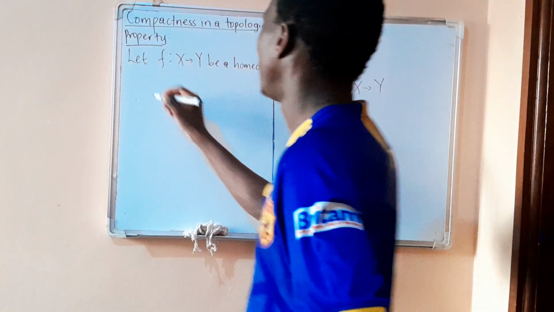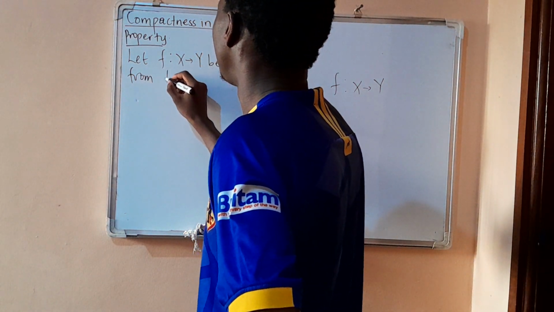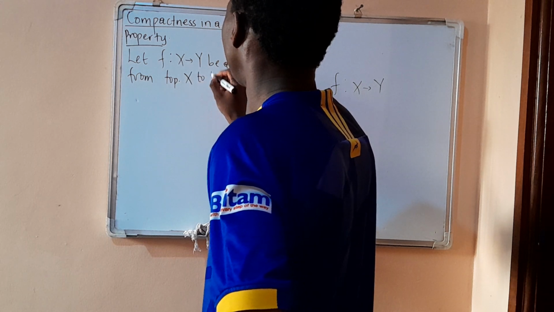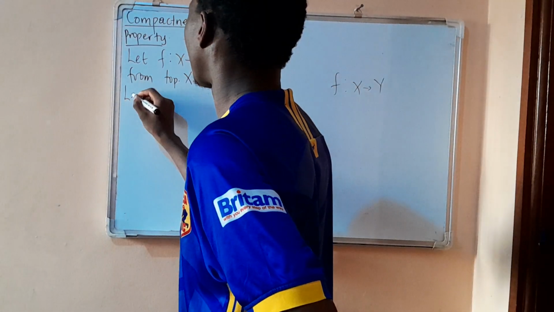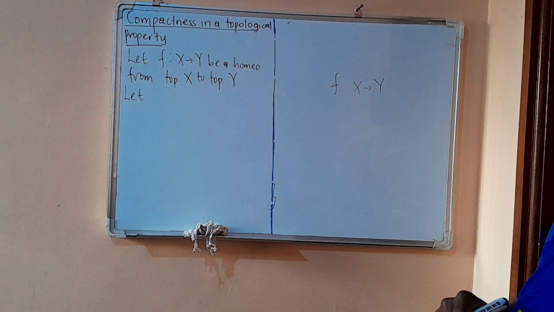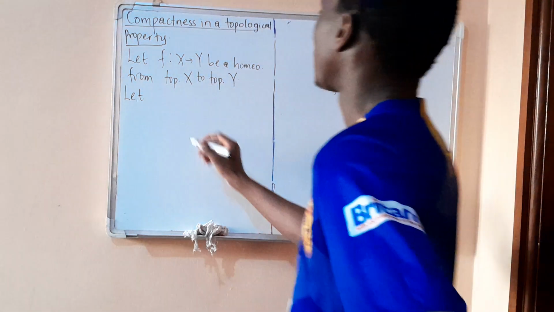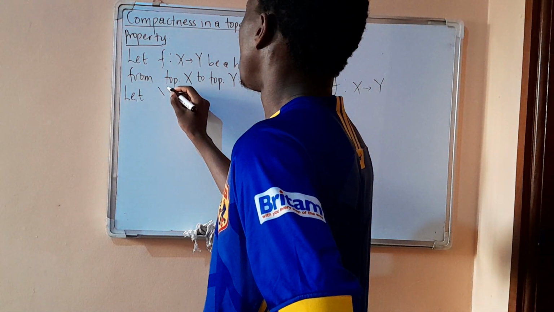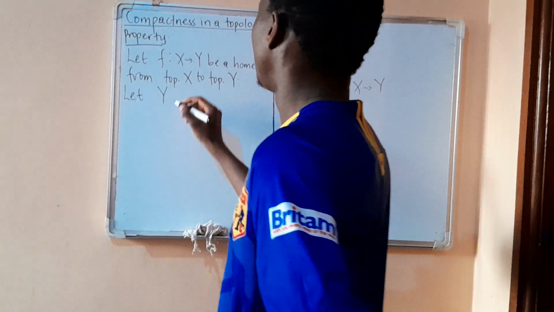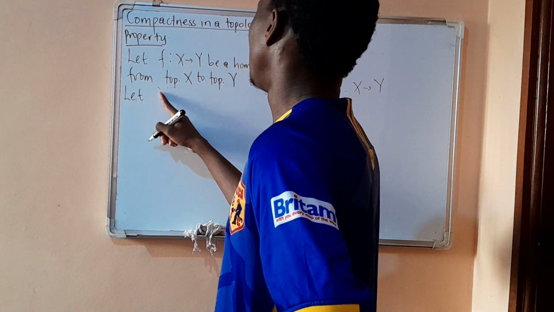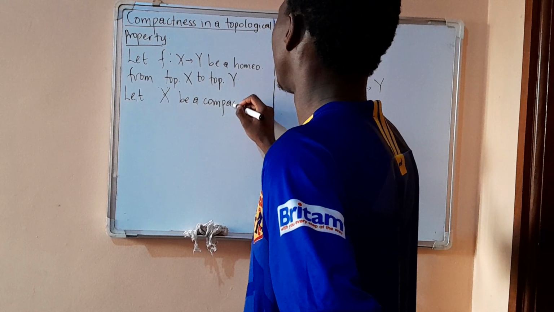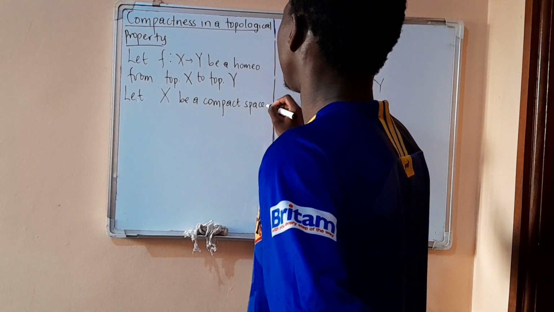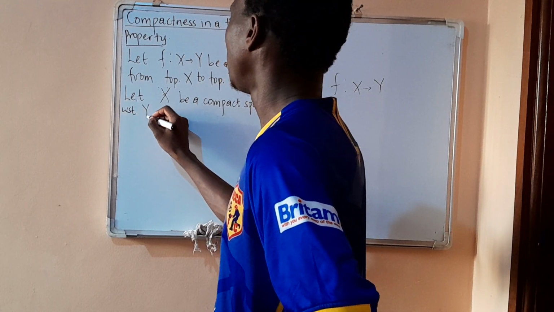Let it be a homeomorphism from topological space X to topological space Y. Let me consider X. Let X be a compact space. So we show that Y is compact.